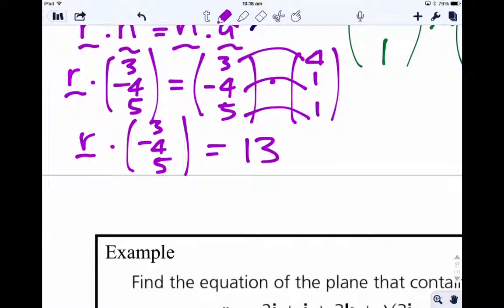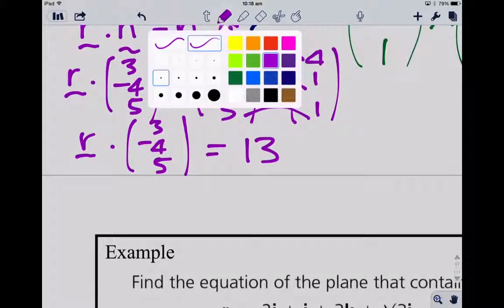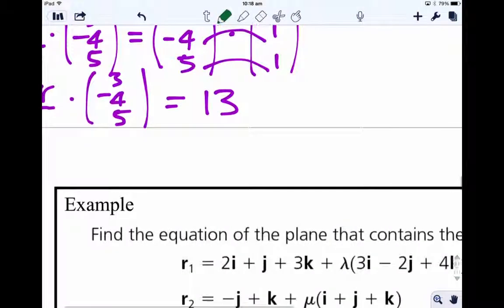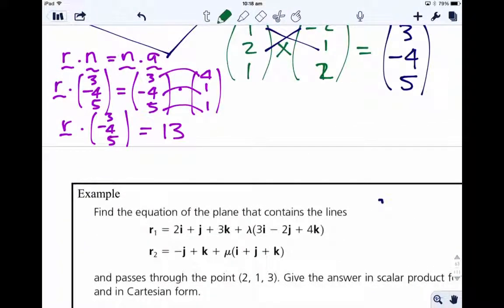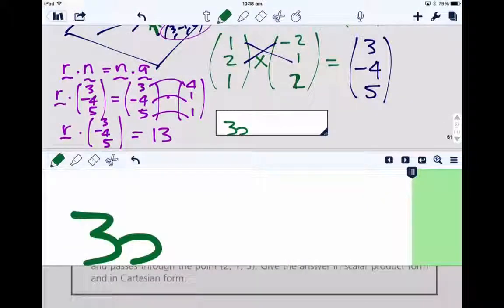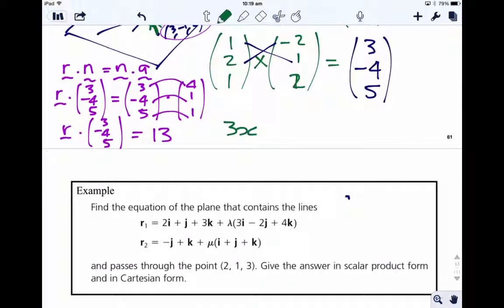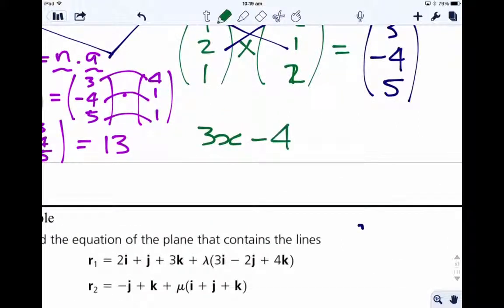There's my answer. Now if I wanted to write that out in Cartesian form, if the question was Cartesian form, it would look like this. 3x minus 4y plus 5z equals 13.